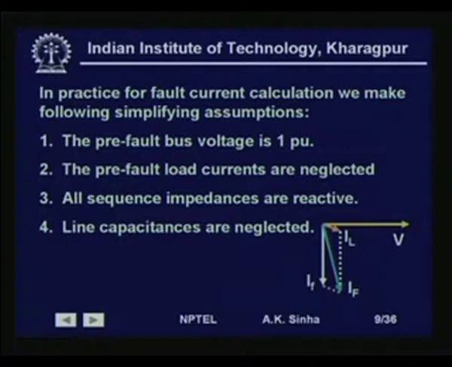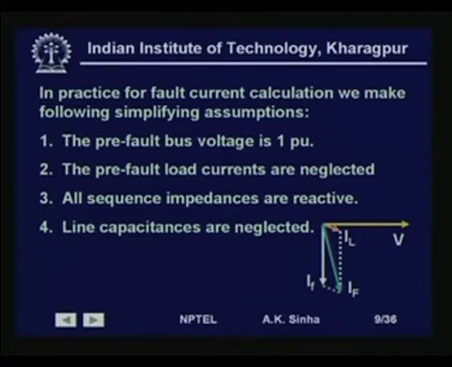Now, this assumption is very much valid, because under normal operating condition the bus voltages in the power system are very near equal to 1 per unit. The voltages may be of the order of 0.98 to 1.02 per unit. So, it is a valid assumption to assume that pre-fault bus voltage is 1 per unit.